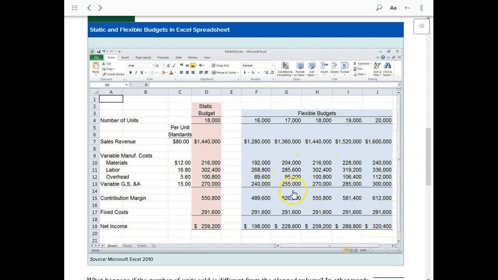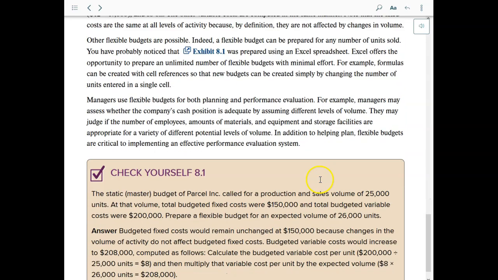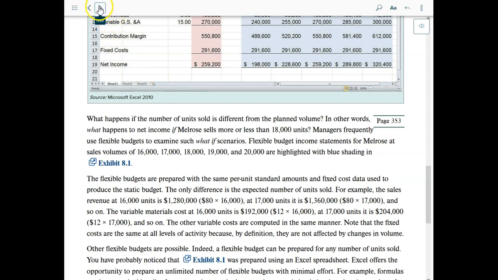So this is a flexible budget. A static budget is a budget for one level. A flexible budget can include that level plus other levels of sales and activity. So it's a fairly simple concept. Okay, you can read that. Next page.